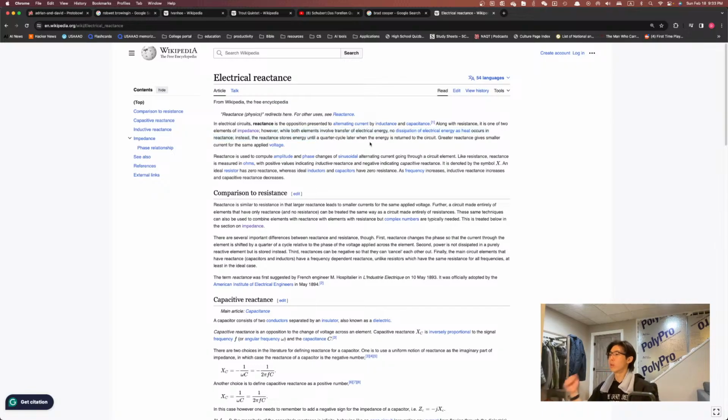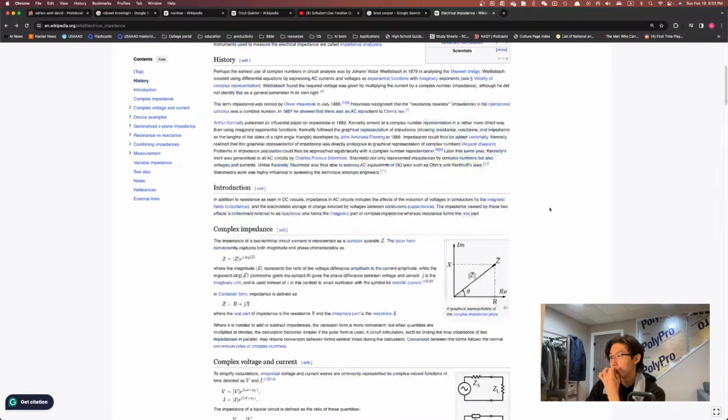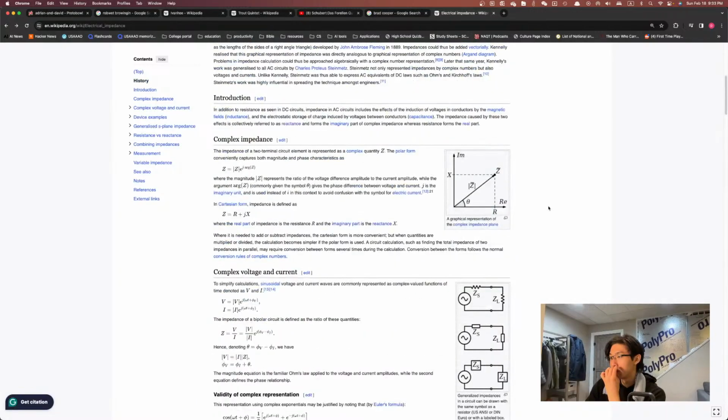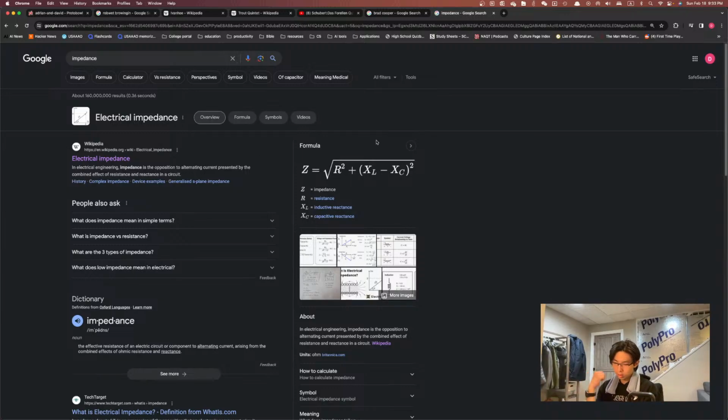Reactance involves transfer of electrical energy. No dissipation occurs in reactance. I'm not that good at electrodynamics. I need to work on that, to be honest. Reactance is denoted by the symbol X. Z = R + jX. Impedance.